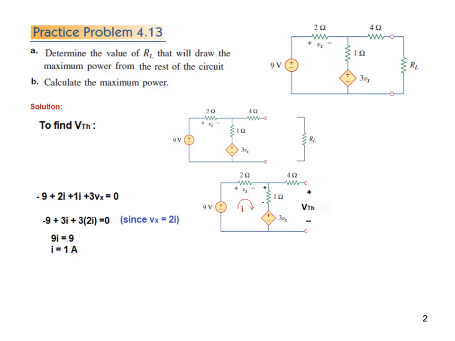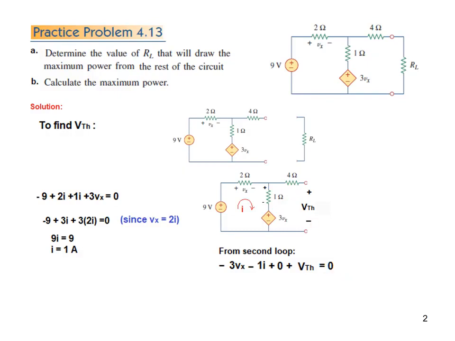And now we need to find VThevenin. So we'll take this loop. We write KVL in this loop. So we're starting again from bottom, so minus 3Vx plus 1 into I. Since there is no second current, no I2, we'll only have I. And this one is 0 voltage here, so 0 volt plus VThevenin equals 0.